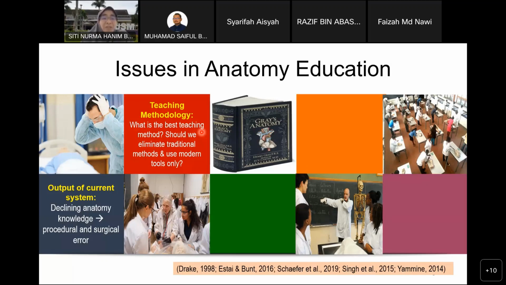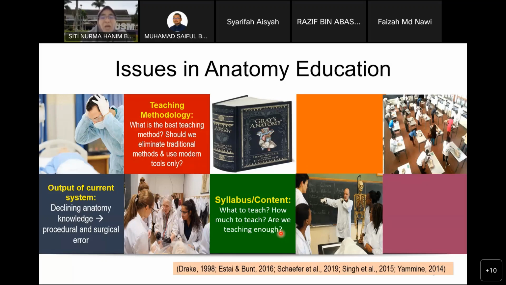because some of these methods seem not to be feasible in the integrated modern curriculum, or should we just concentrate on using modern tools only? So we are still unsure, right? And in terms of the syllabus and content, anatomy is a very dry and content-driven subject. So there is a lot of content to be taught.